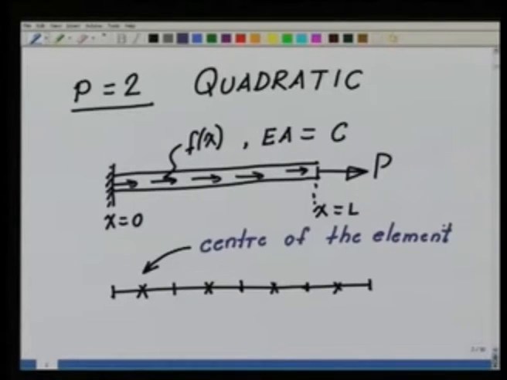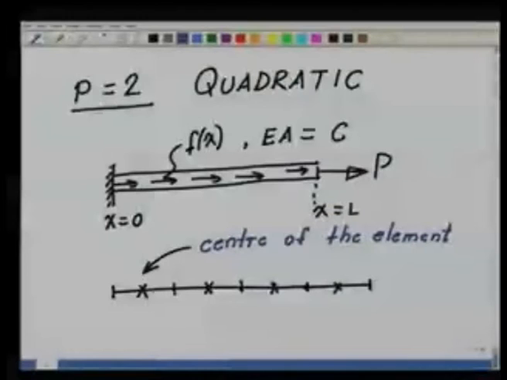So now instead of having 5 points for the 4 elements that we have drawn, we have 9 points.